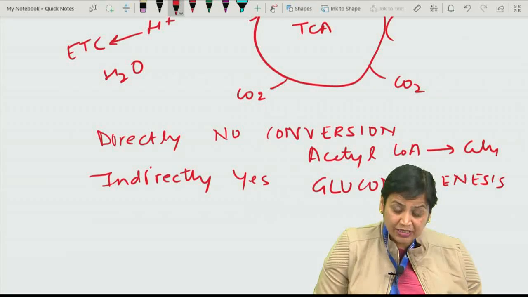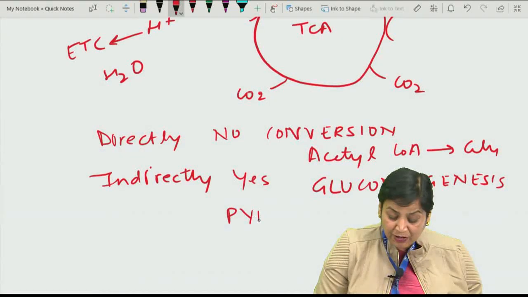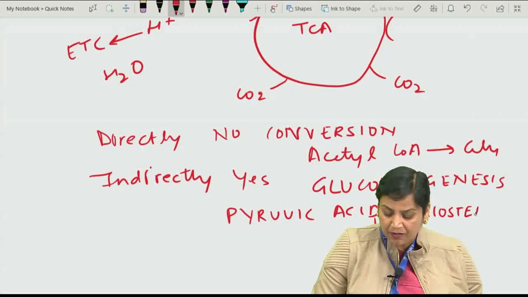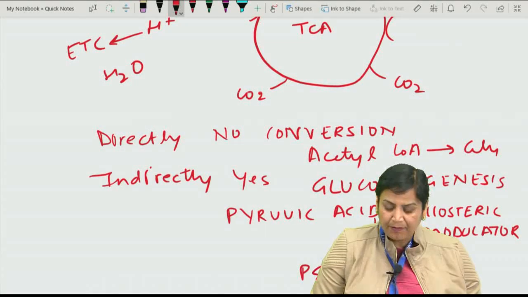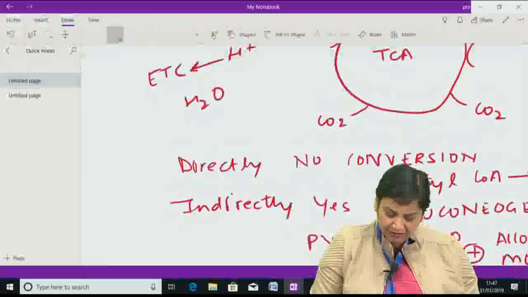But again, in gluconeogenesis, if we talk about this, there will be involvement of pyruvic acid. This acetyl coenzyme A will be acting as an allosteric modulator or activator of conversion of pyruvic acid to PEP. So the answer to this question is glucose.